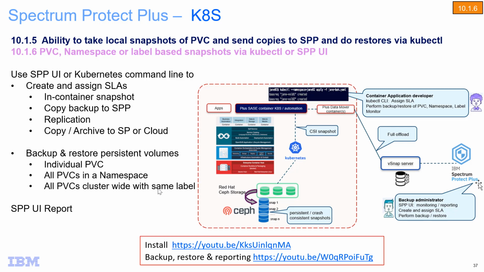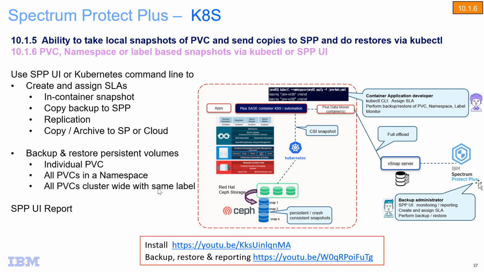In version 10.1.6, we're expanding our protection to be not only PVCs, but namespaces or labels that will span a cluster. And now you can set this up either via kubectl or via the Spectrum Protect Plus user interface.